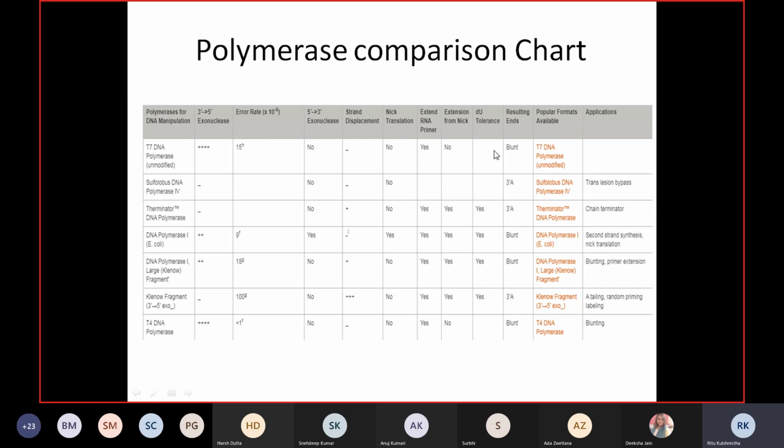You can also go through the resulting ends of these polymerases. You will see that some polymerases leave a blunt end, some leave a 3' A overhang, etc.